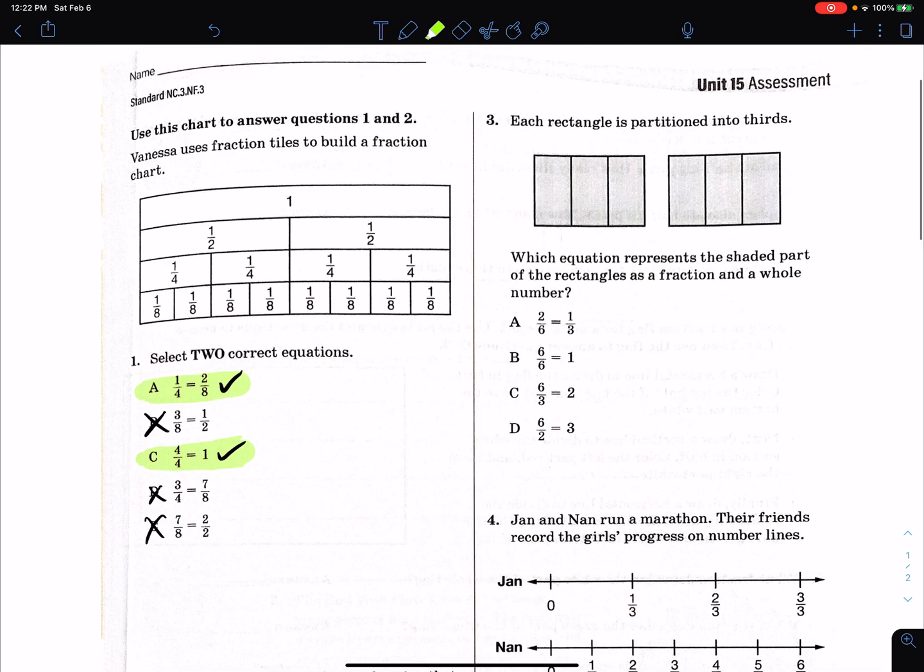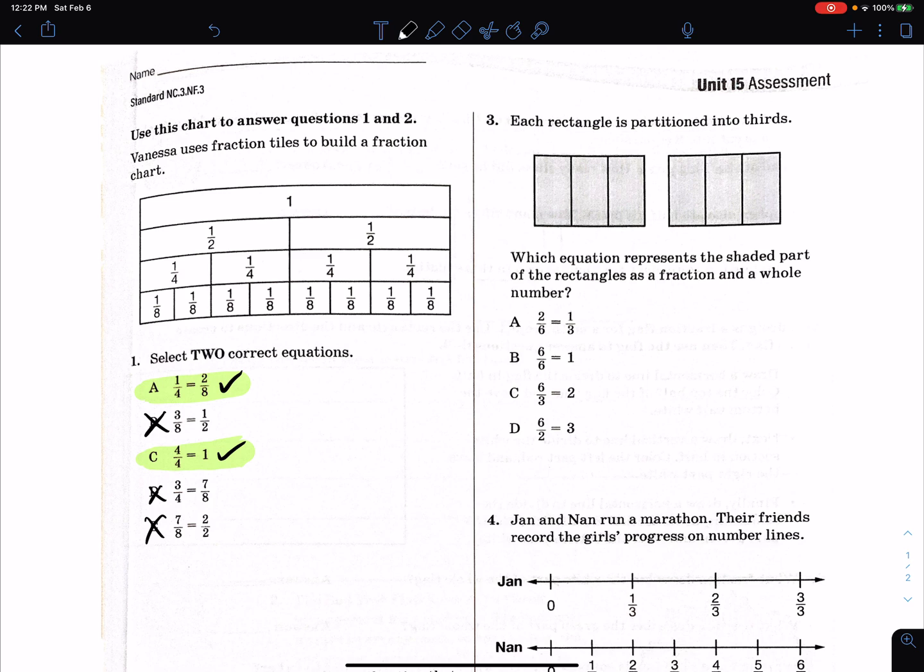And let's just look at number 3, the last one we'll do together. So each rectangle is partitioned into thirds. Okay, I can see that. Which equation represents the shaded part of the rectangles as a fraction and a whole number? Okay, so they're wanting me to have a fraction and a whole number represented. Well, I'm going to start with my whole number because I think that's going to be easier.